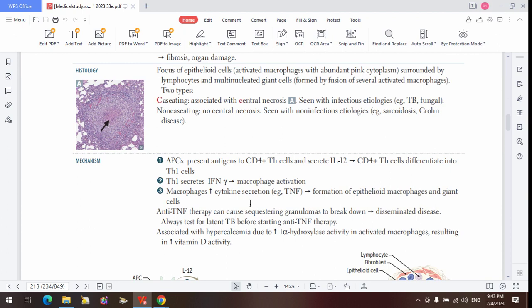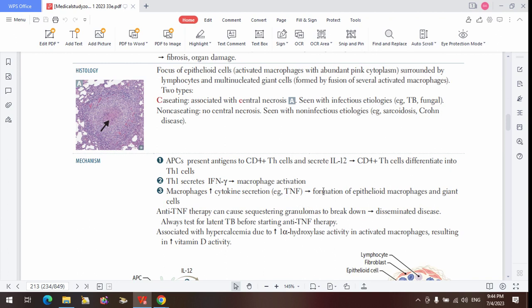We have said initially that whenever a macrophage is activated by gamma interferon, that is classical activation, and that macrophage will be elaborating pro-inflammatory cytokines. The cytokine it is going to elaborate now is TNF, tumor necrosis factor. This tumor necrosis factor is going to make the macrophages form epithelial cells. They are going to get enlarged.